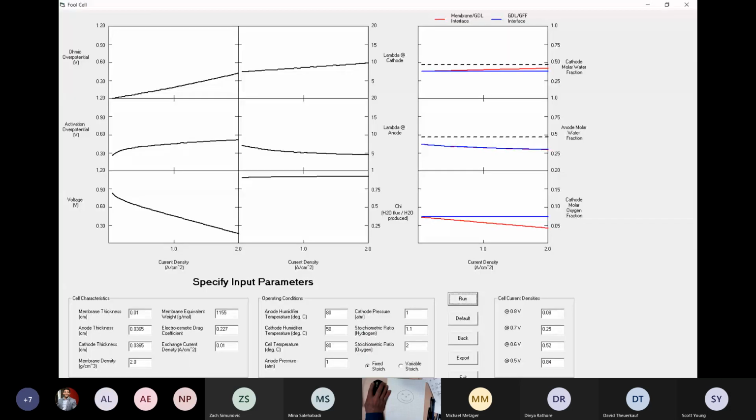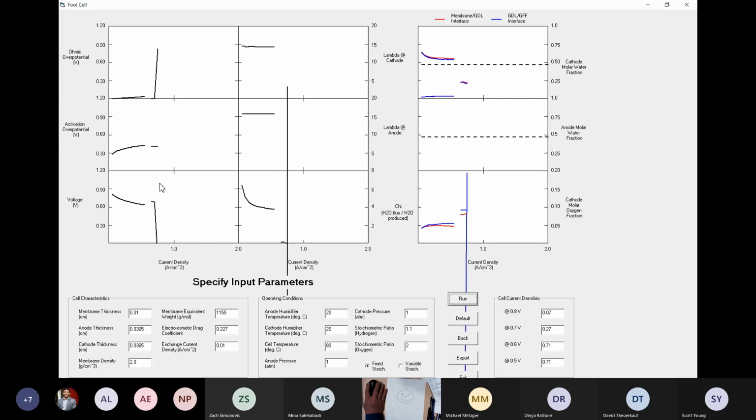Do you see the fuel cell again? Yep. Okay, so what we have to do is say no humidification. So put the anode at 20, cathode at 20. You can leave the cell at 80 and run and see what happens. Well, that's the most ridiculous thing you've ever seen.